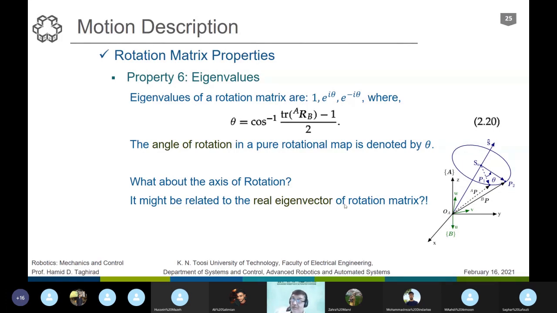For now I'm just claiming that this theta is the angle of rotation, and this vector is the axis about which the rotation is taking place.